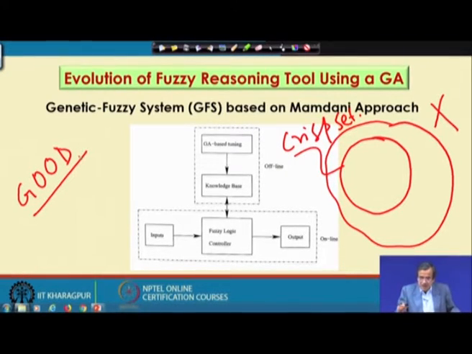The way Mr. X defines good may vary from the way Mr. Y defines it. So, there is a variation of the definition, and it will vary from person to person.